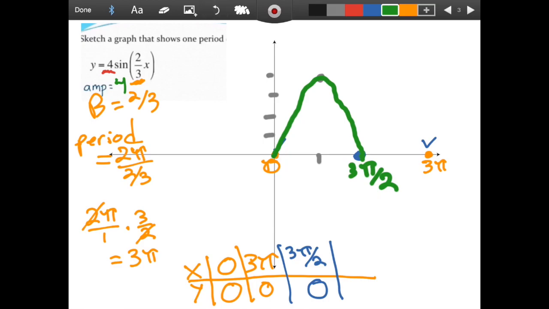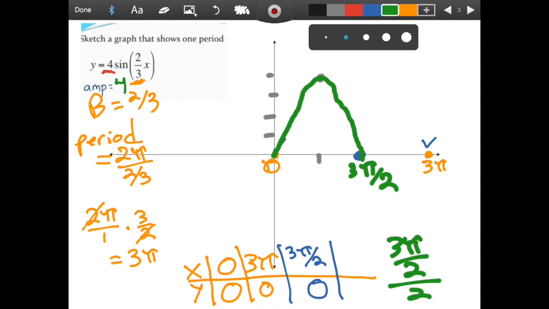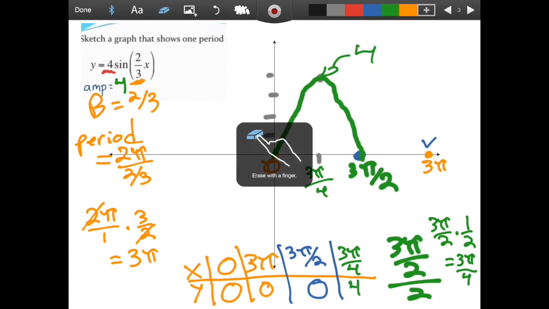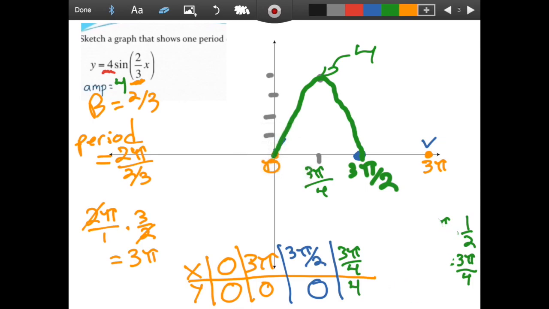So think of this as 3 pi over 2 divided by 2, which you can then rethink as 3 pi over 2 multiplying with 1/2. So this would be just 3 pi over 4. So this is 3 pi over 4. And the outcome here is going to be this, which is now 4 for the y-coordinate. It's a little tricky to break these down.